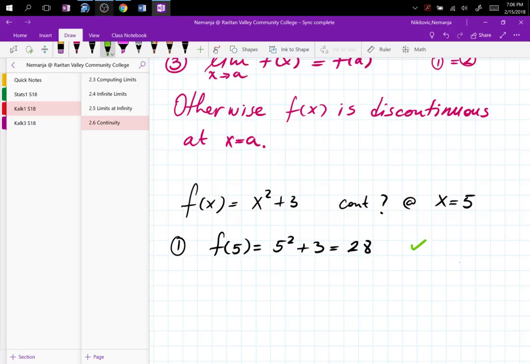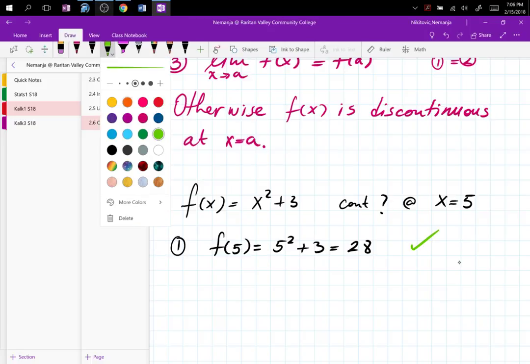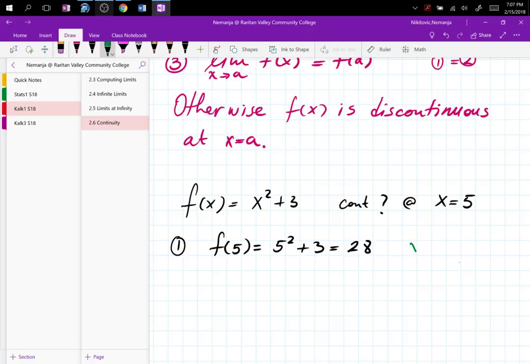I use the green check because it passed. So pass on that one.